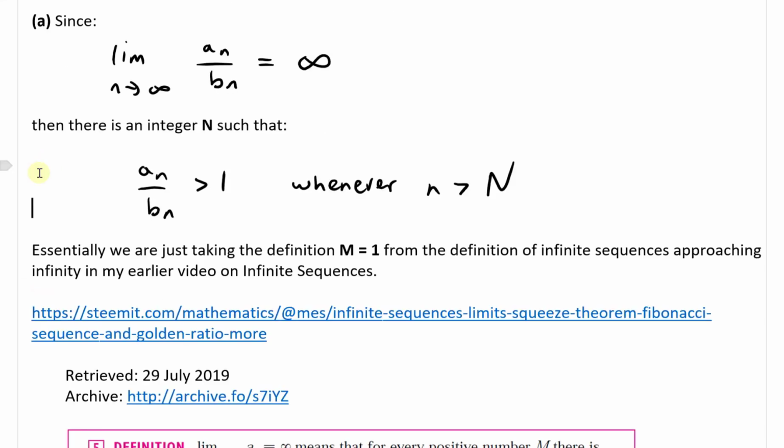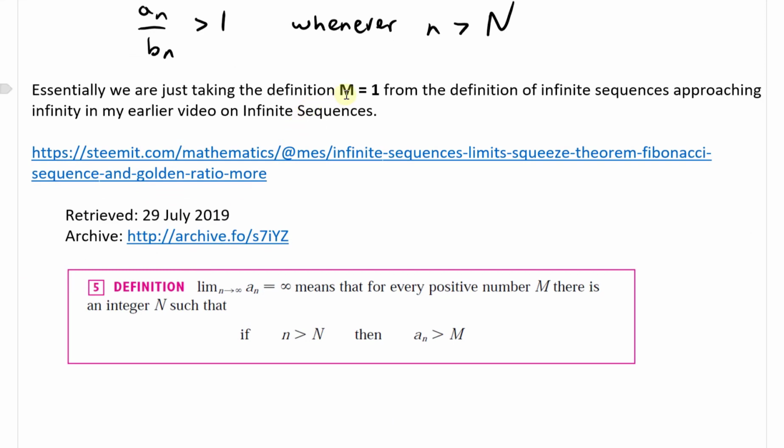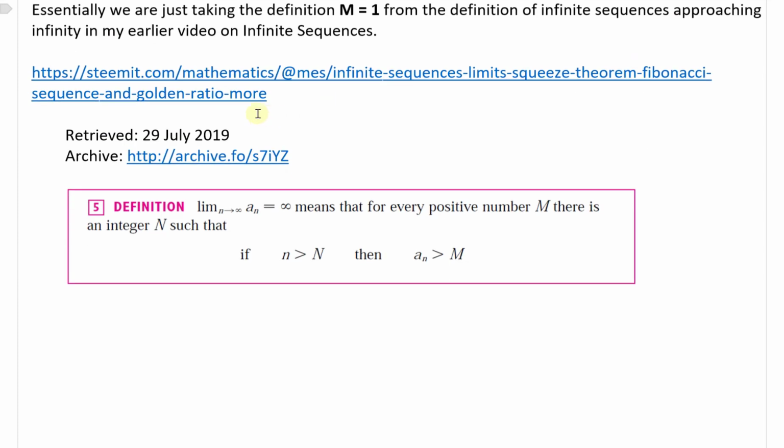Essentially what we're doing is taking the definition, with capital M equals 1, from my earlier video on infinite sequences approaching infinity. Here's a screenshot of the calculus notes from the calculus book.